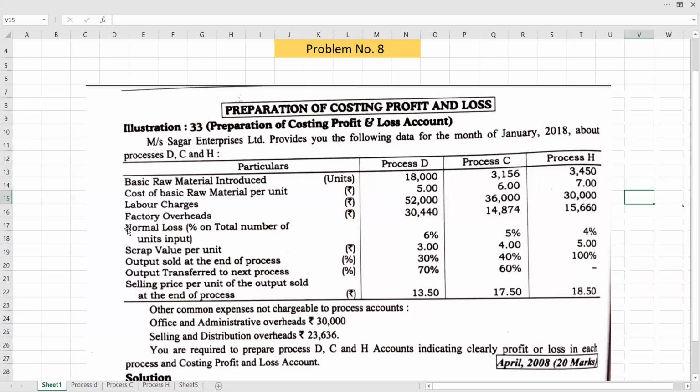Next information is normal loss. Normal loss percentage is given, 6%. So normal loss is 6% on total number of input units. So it should be calculated on the input units.